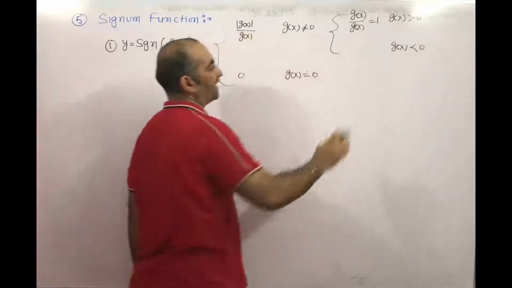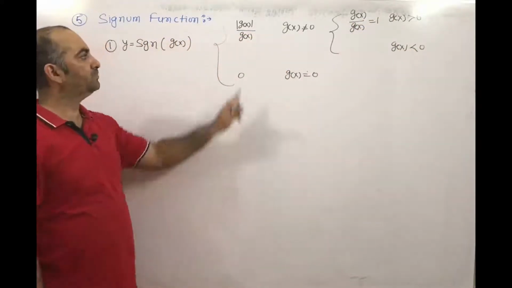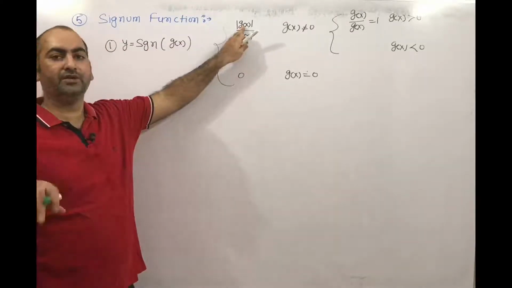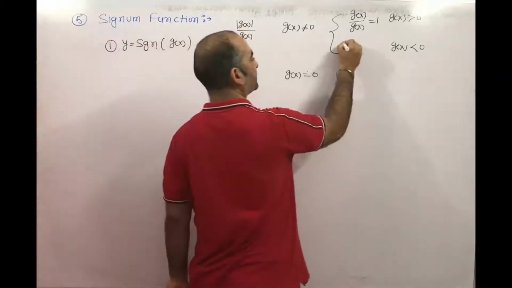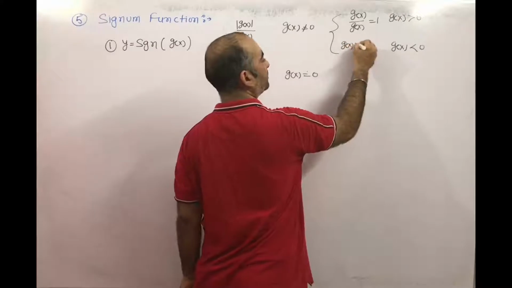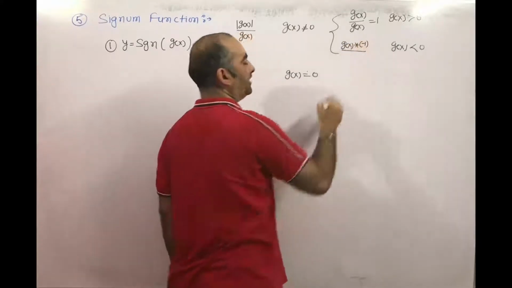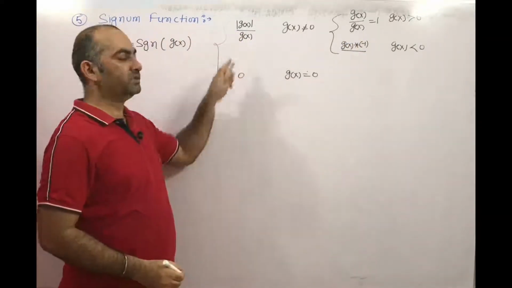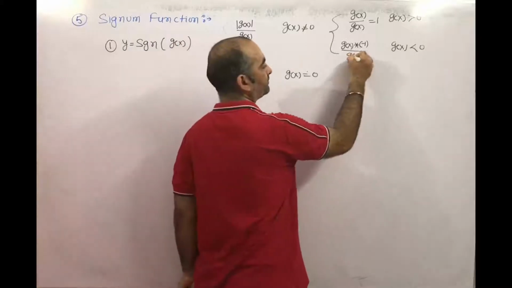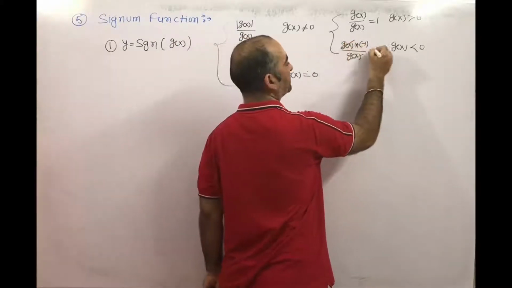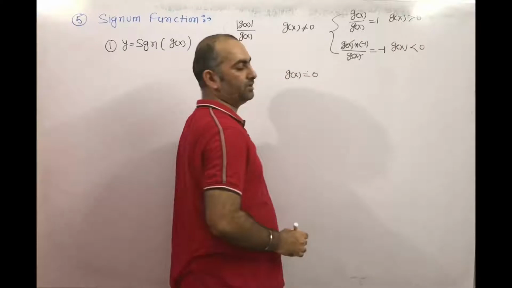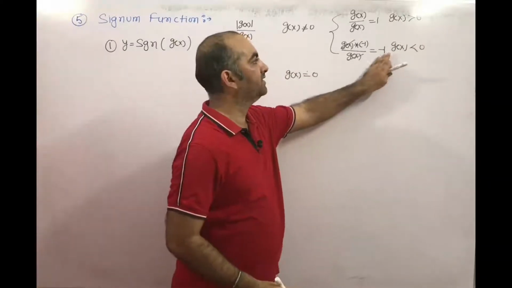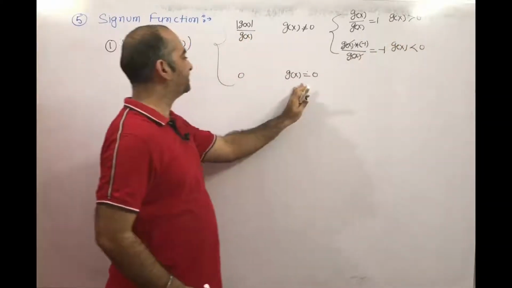If g(x) is negative, inside quantity into minus 1, so g(x) getting cancelled, minus 1 will come. So if g(x) is negative, minus 1, g(x) is positive, 1, and g(x) equal to 0, 0.